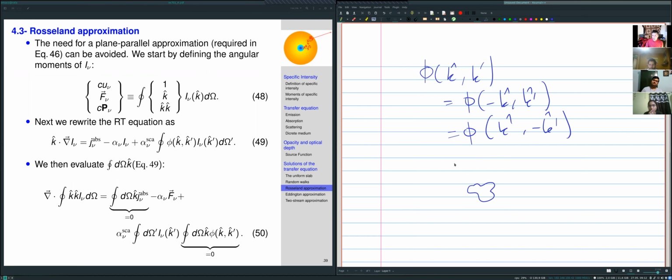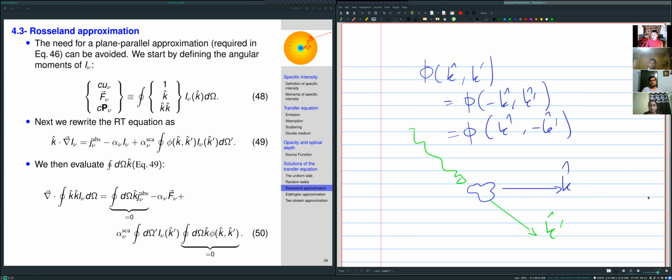We have a dust grain. This would be like the k direction, like this. Okay, so basically it means that if k is, let me draw, k prime. So this would be k prime. Scattering from here to there is the same as scattering in the opposite direction and coming back along k again.